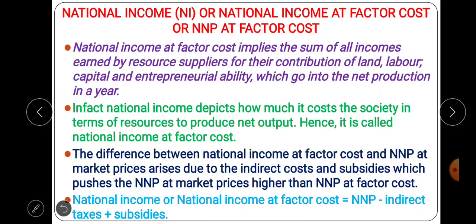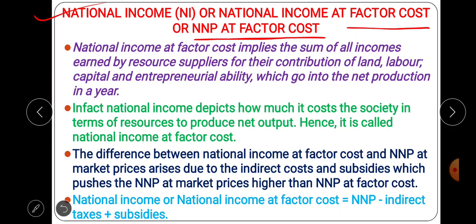So, this is about the NNP. Then the next concept which is important in national income is the national income at factor cost, or we can call it the NNP, that is the net national product at factor cost. Okay.